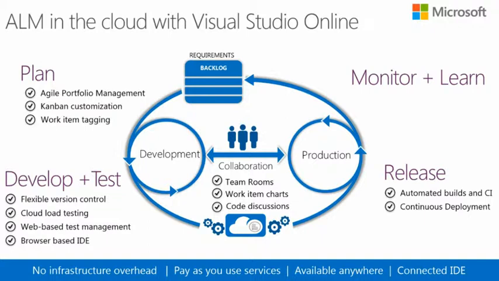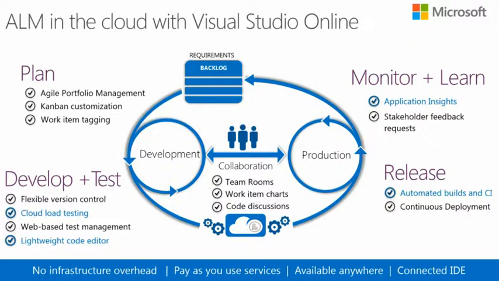We'll also help you out with the release part of your ALM process. So for example, automated builds with our build service, and then ultimately deploying those to Windows Azure. And we'll also help you out with monitoring and learning about your application. Today, I want to take a deeper look into a few key scenarios that we've enabled in Visual Studio Online.